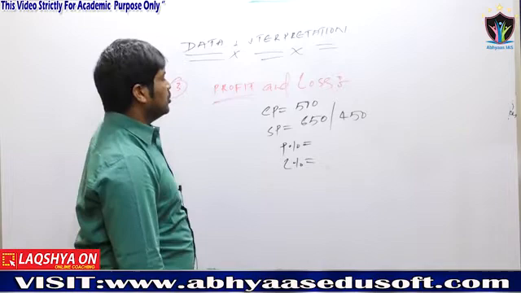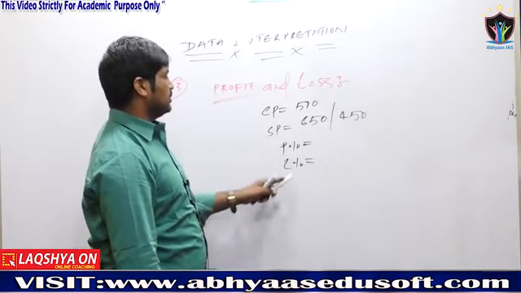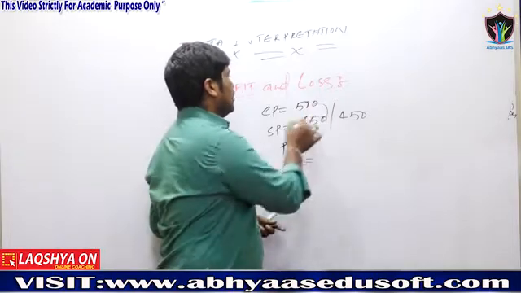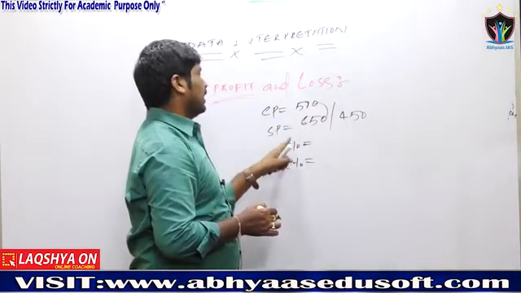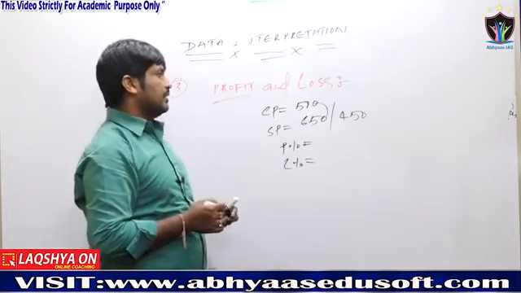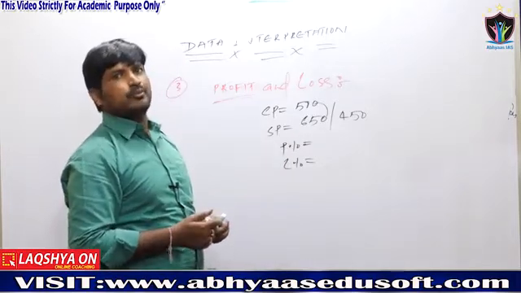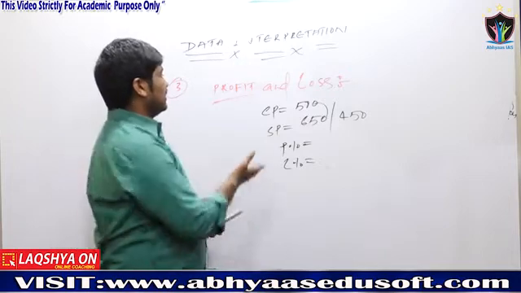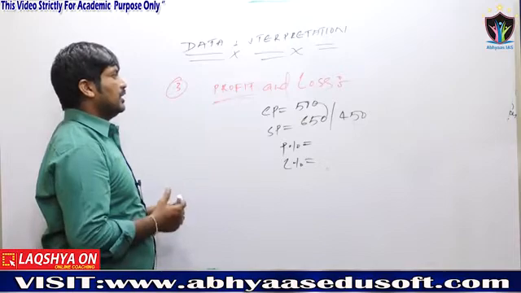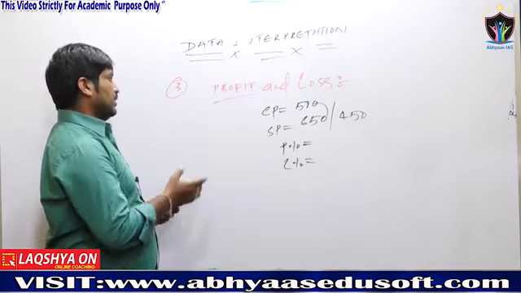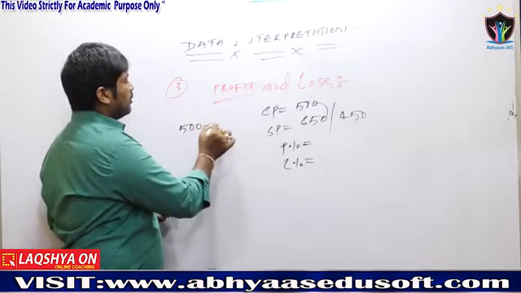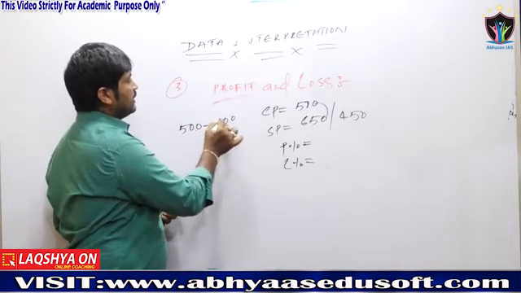If we want to find the profit percentage or loss percentage, then if we purchase an article at 500 and sold it at 650, obviously we get profit. Then we have to consider CP is always 100%, right? So 500 is equal to 100%.